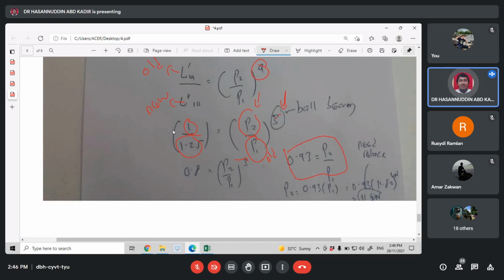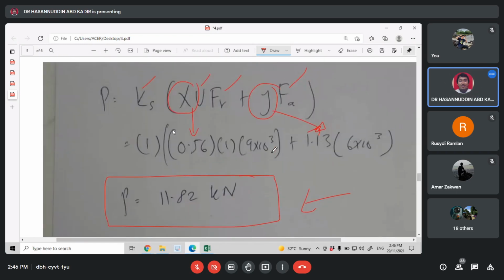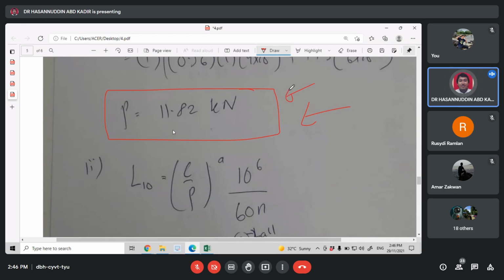So P1 ni adalah from the tadi 11.82. This one multiply 0.93 multiply with P1 11.82. This one is the old one. So old one ni we get from bahagian atas tadi. Yang paling atas ni 11.82.